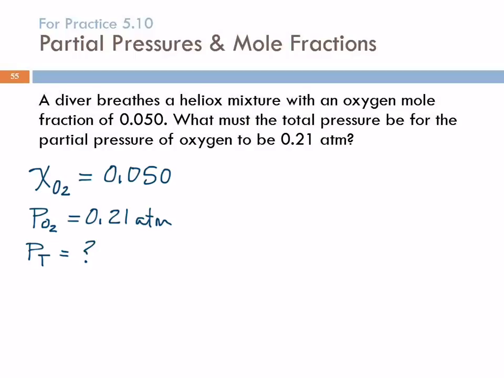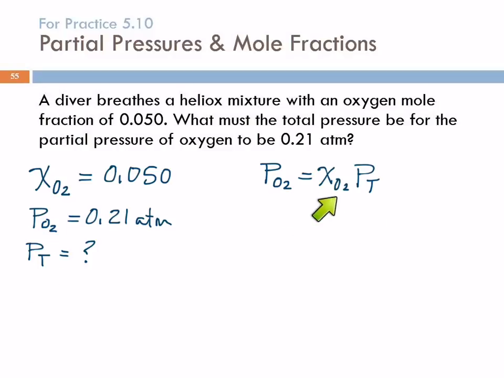Well, do we have an equation that relates those 3 things? How about this one? The partial pressure of a gas is equal to its mole fraction times the total pressure. Mole fraction, partial pressure, total pressure. We know 2 of them. We could calculate the 3rd.